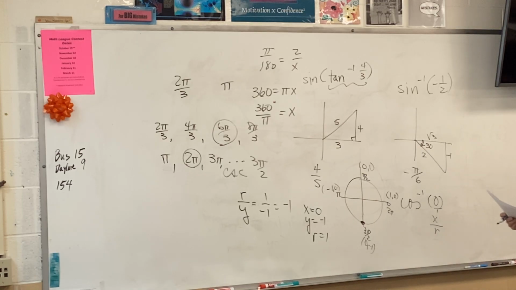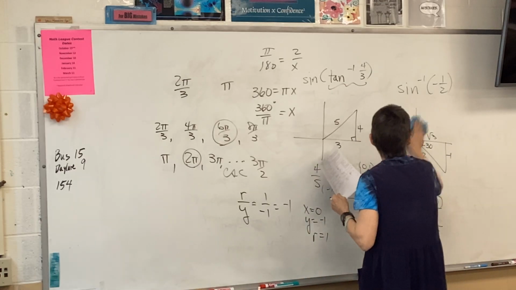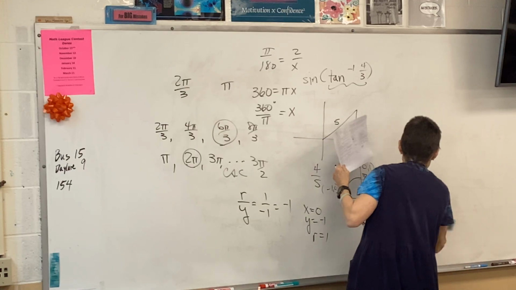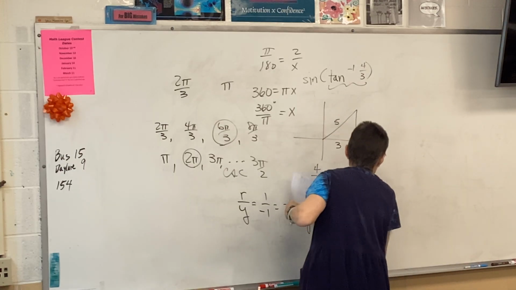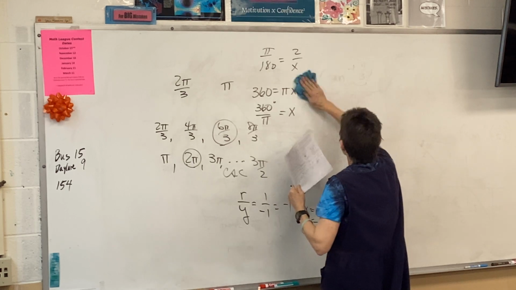Given the secant and this, find the values of the other 5 functions. Okay, so this is one of those where you are finding everything.